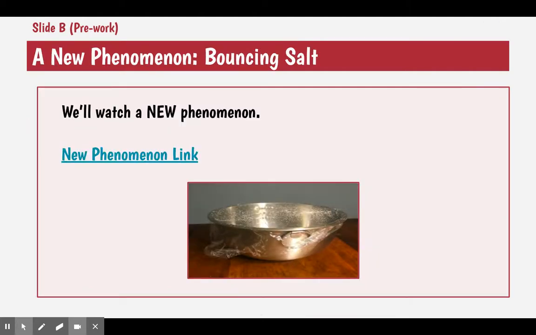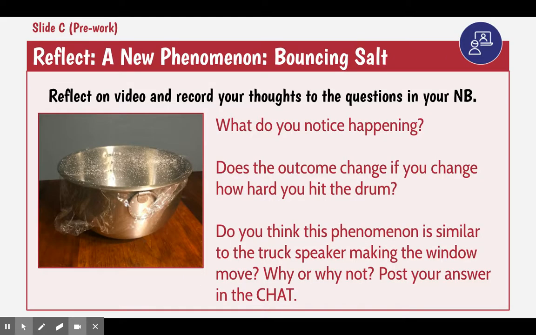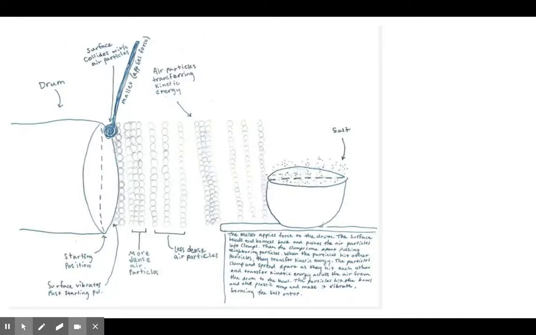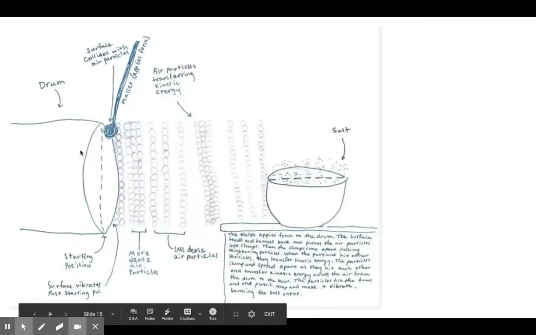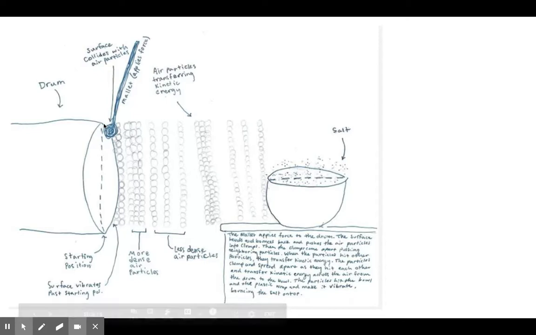We watched this video of a new phenomenon, which is bouncing salt. It's linked in Canvas, so you can watch it. Basically, a person hits a drum standing off to the side, and then the particles of salt bounce. Then we look at a model of it, and we notice the detail in this model. The drumstick is hitting the drum, and here's a resting position. The drumstick changes the shape of the drum.